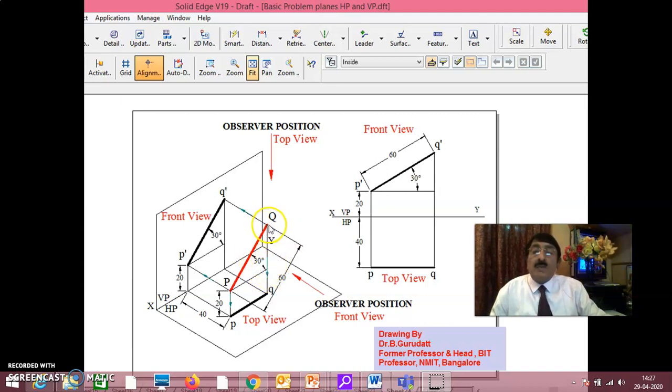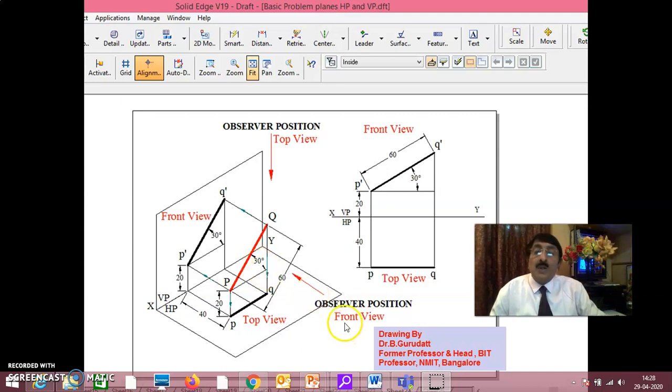And once it comes this way or once it goes this way, you should know very well that it is not only inclined at 30 degrees to HP, but depending on the movement of Q, it has some inclination to VP also. That means once Q is moved either this way or this way, the line is not only inclined to HP but also inclined to VP.